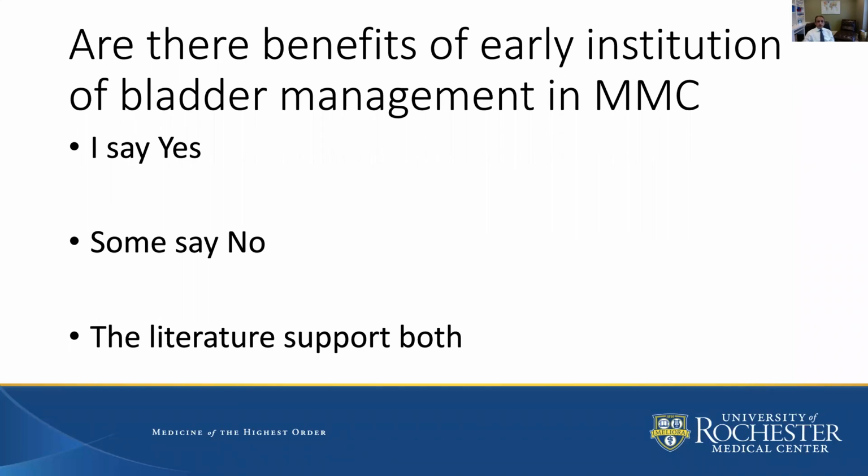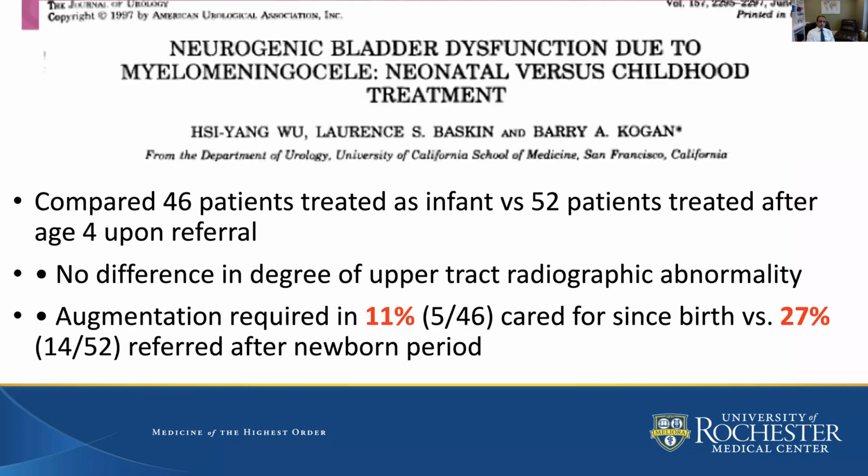There are studies in favor of early intervention, and there are some against, saying we can easily follow them, and if there's a deterioration, you can start interventions. One of these studies, done by Kogan, compared 46 patients who were treated as infants, right at infancy, and 52 patients who were treated at age 4 when they were referred.